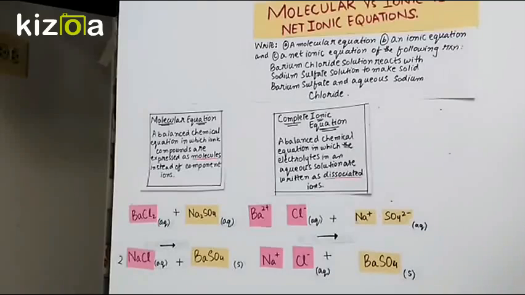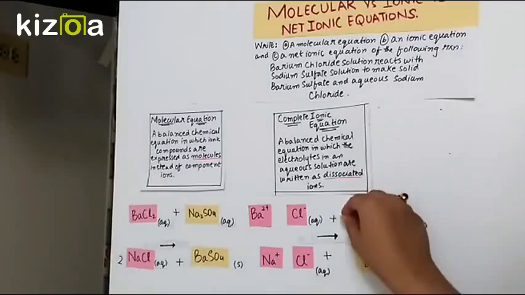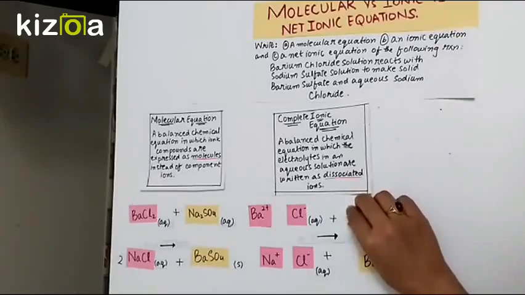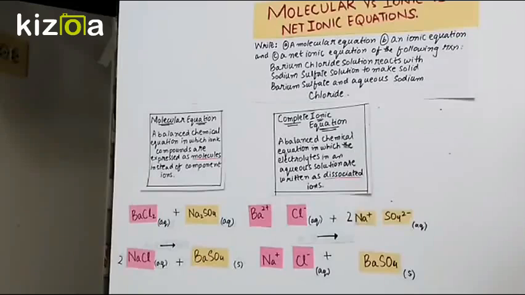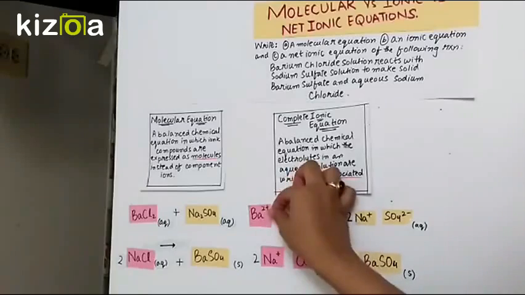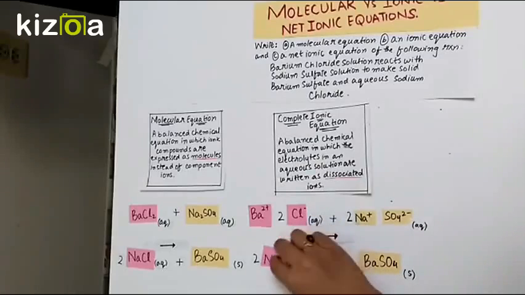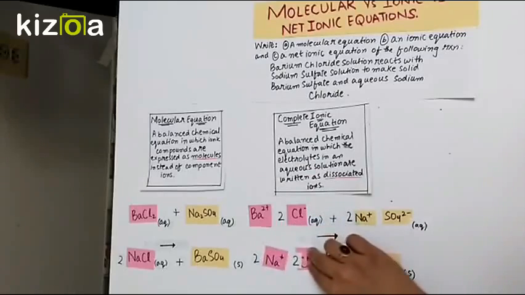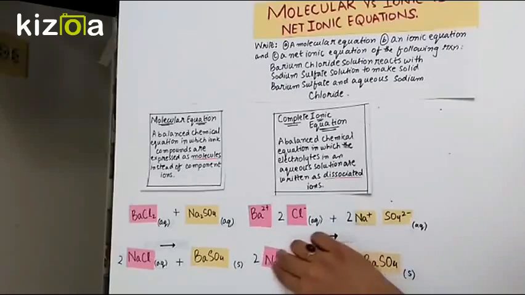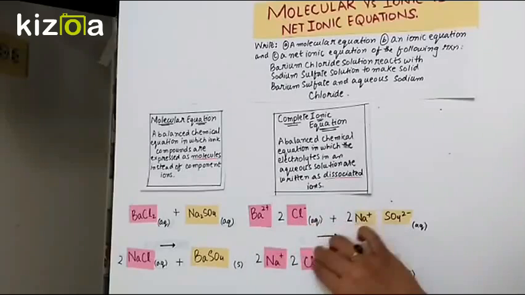So now, obviously, we balance the equation. That means we had 2 sodiums here, so we put a 2 here, 2 sodium ions. Similarly, 2 sodium here, 2 chlorides here, and 2 chlorides on the product side.